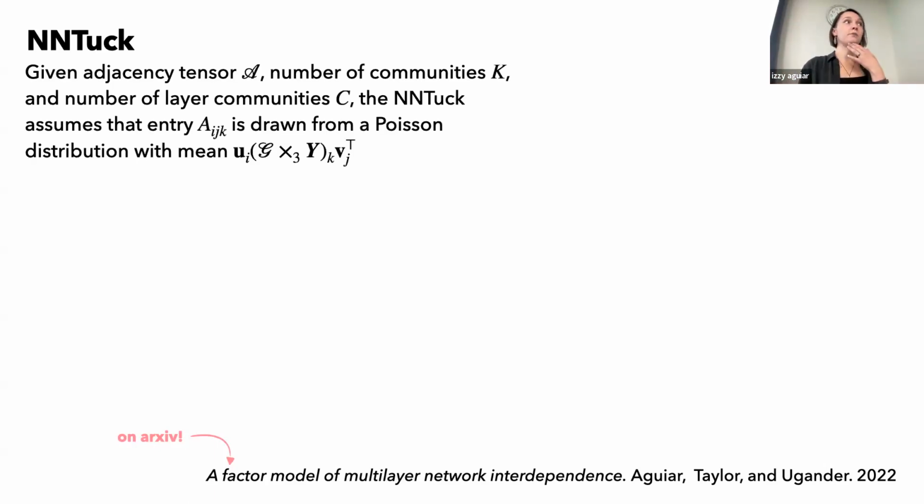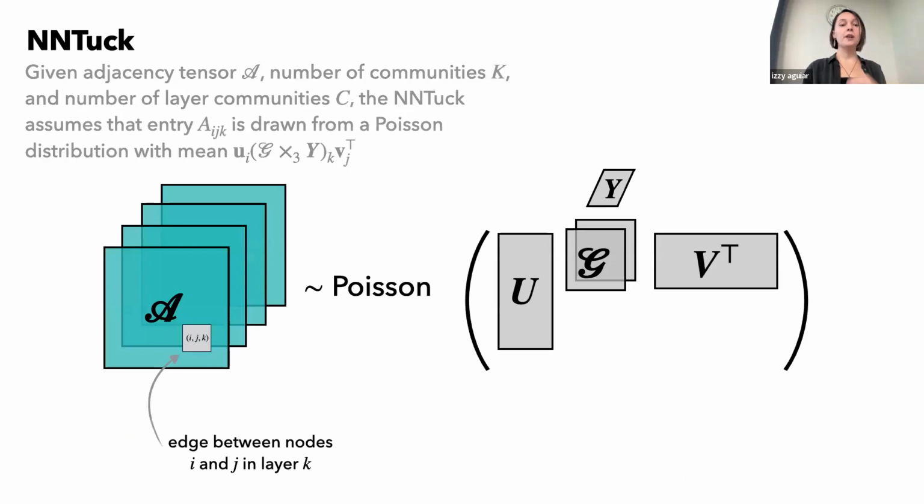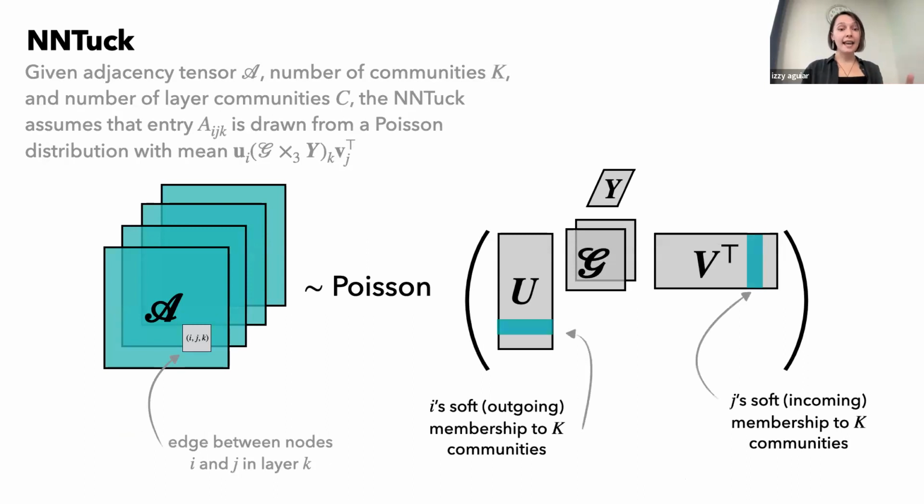So the NNTuck assumes that if we have an adjacency tensor A, a number of communities K, and now a number of layer communities C as well, then the A_ijk entry is drawn from a Poisson distribution given by this slightly more complicated mean. So the edge between nodes i and j in layer k can be described by, again, i's soft membership to K different communities and j's soft membership to K different communities.